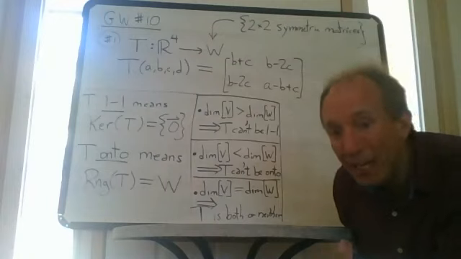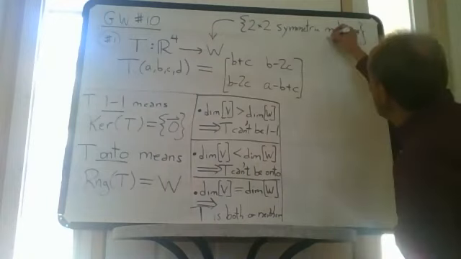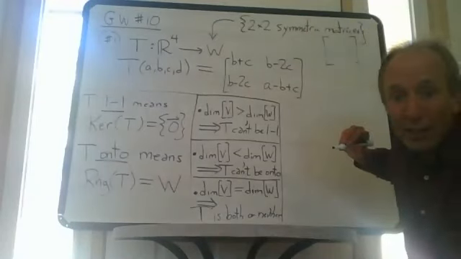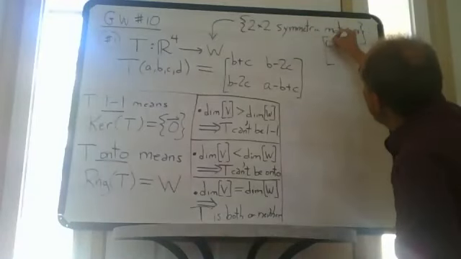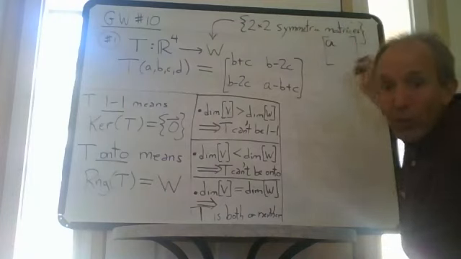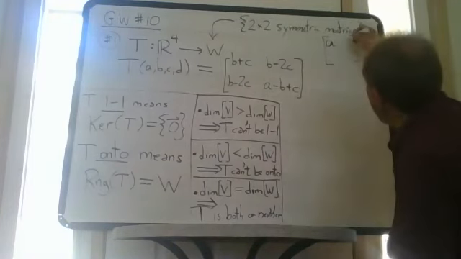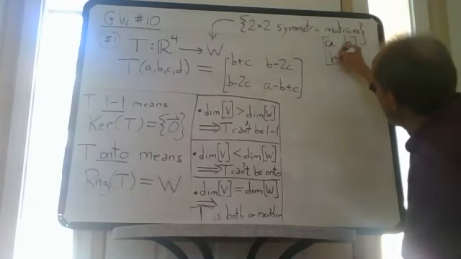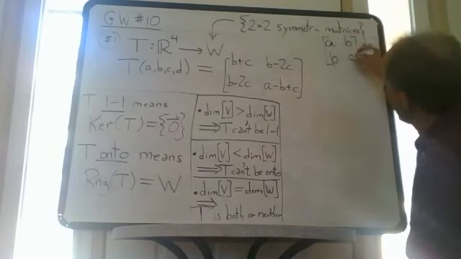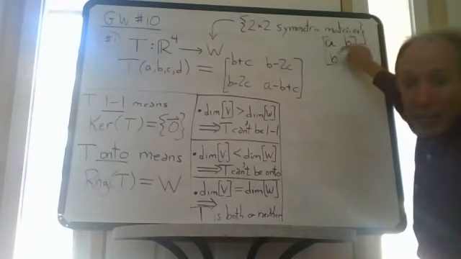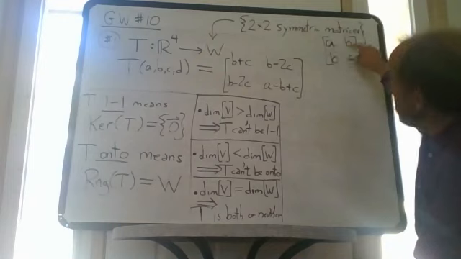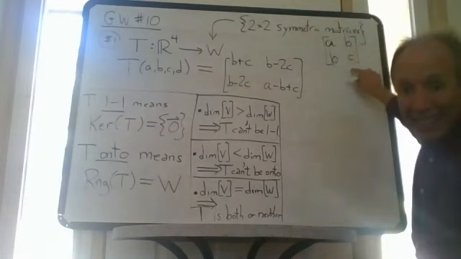I'm only talking about the symmetric ones. So if I was looking at how a 2x2 symmetric matrix would look, you'd have any number in the upper left corner. You could put any letter in the upper right corner, but you'd have to put that same letter in the lower left corner. So the B and the B have to be the same here for a symmetric matrix. So we have A, B, B, and C.